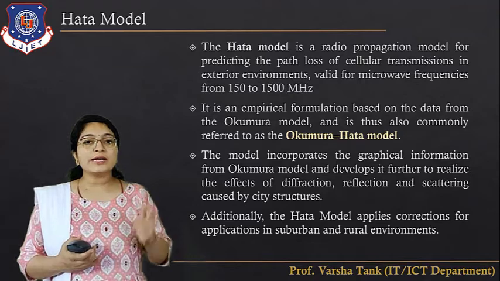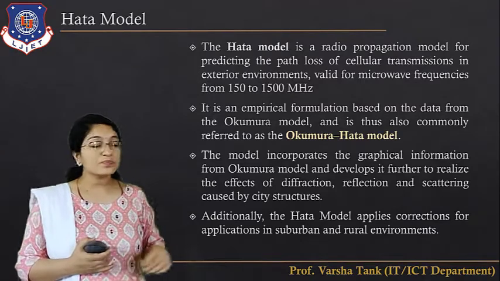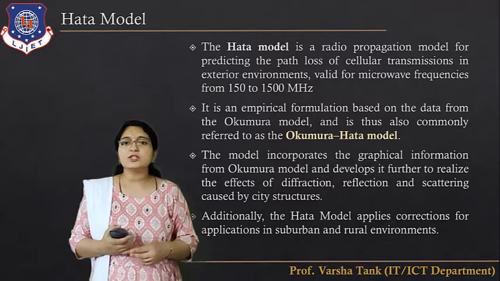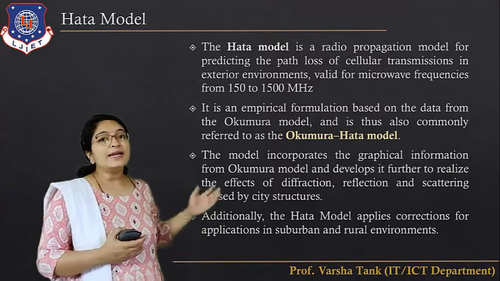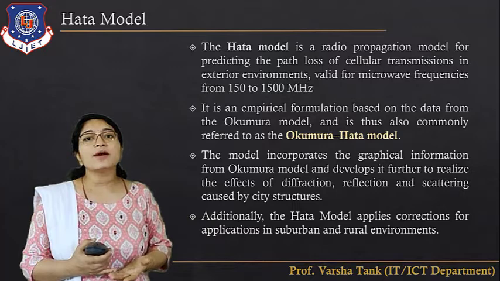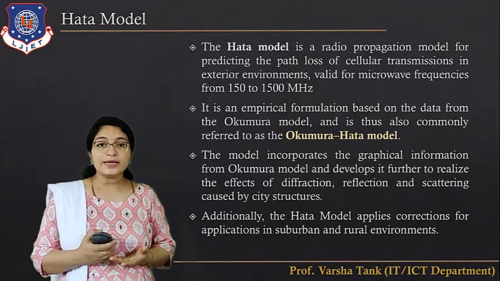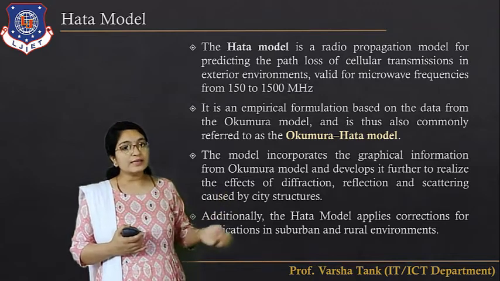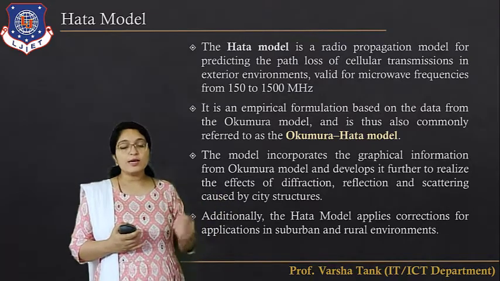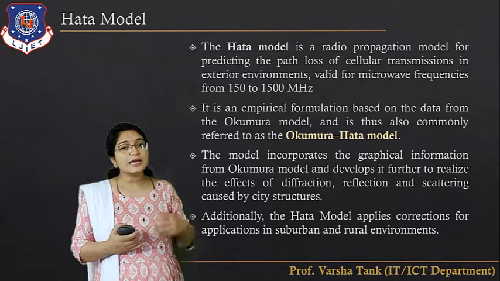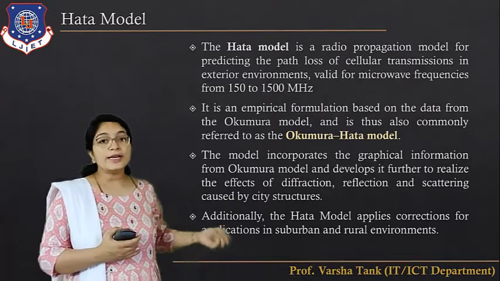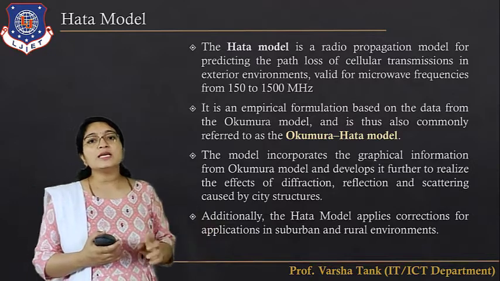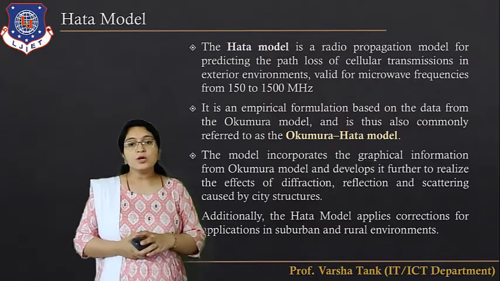The model incorporates the graphical information from the Okumura model and develops it further to realize the effects of diffraction, reflection and scattering caused by city structures. Additionally, the Hata model applies corrections for application in suburban and rural environments.